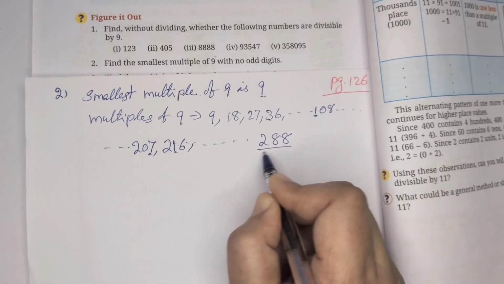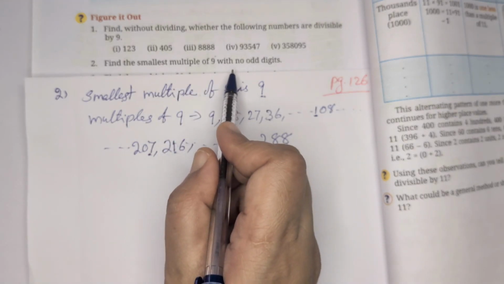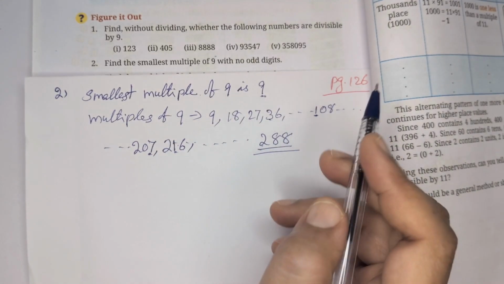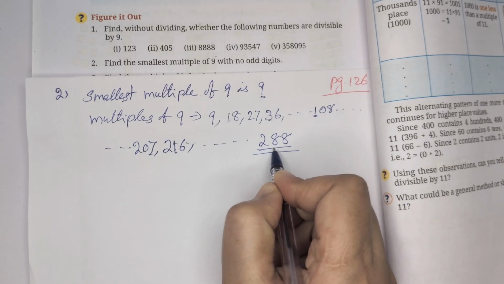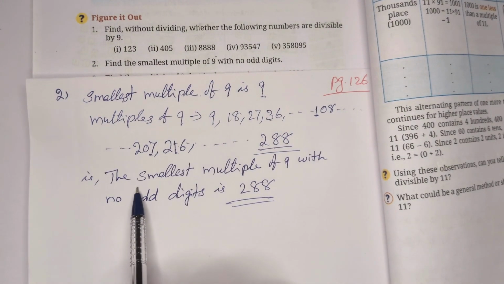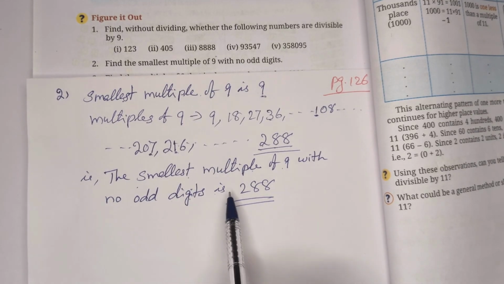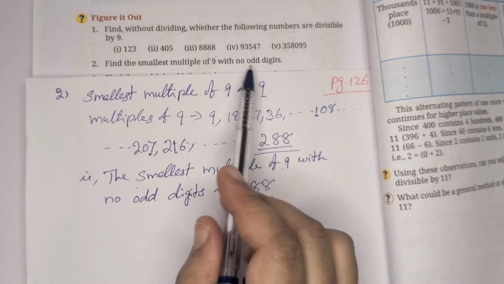So the answer is 288. The smallest multiple of 9 with no odd digits is 288 according to the question.